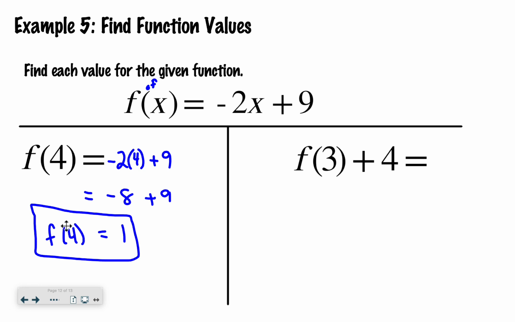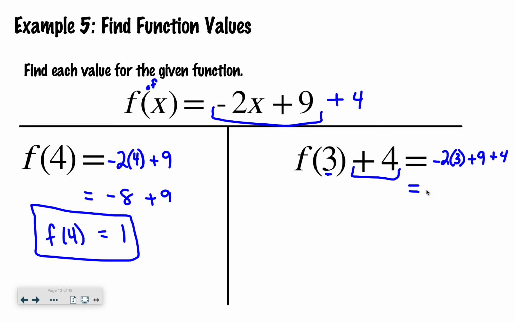So all you're doing is plugging in whatever number is inside the parentheses. So in this case, this would be -2 times 3 plus 9. And then you can see outside of the parentheses, they have a plus 4. So that means that you write the entire equation, but then you tack on a plus 4. So it'd look like that.